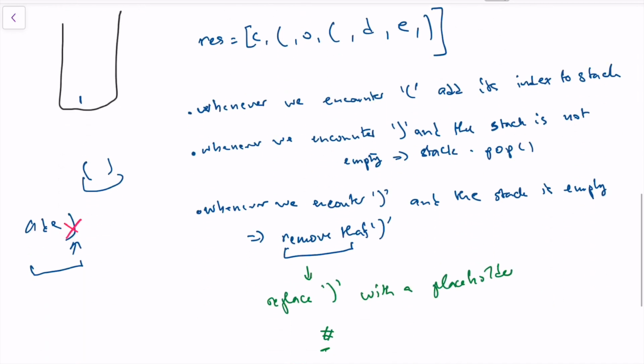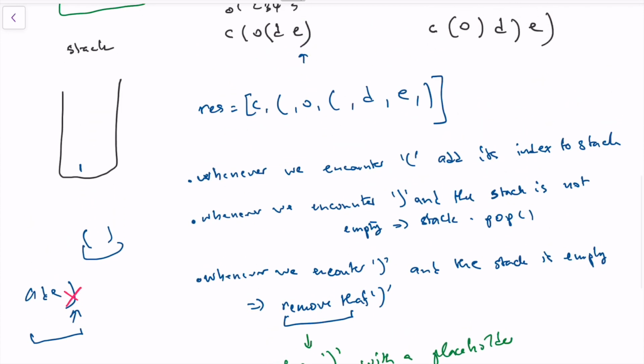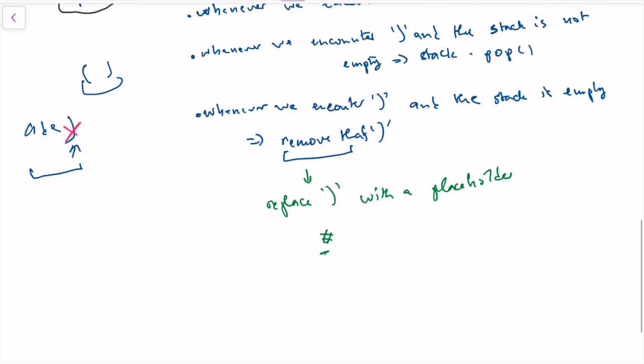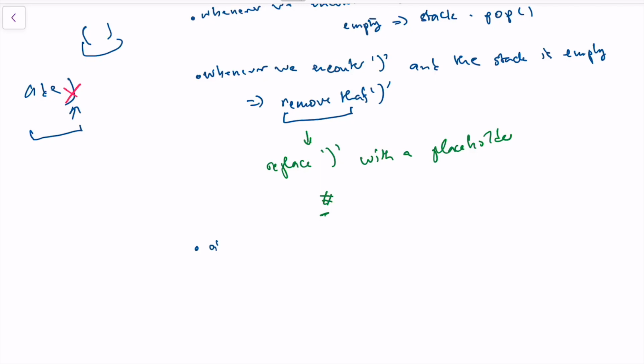The other part of this solution is that now I'm done processing the string, but there is still one open parenthesis here, which is this extra one. So at the end, when I finish processing the string, I need to check if the stack is not empty.